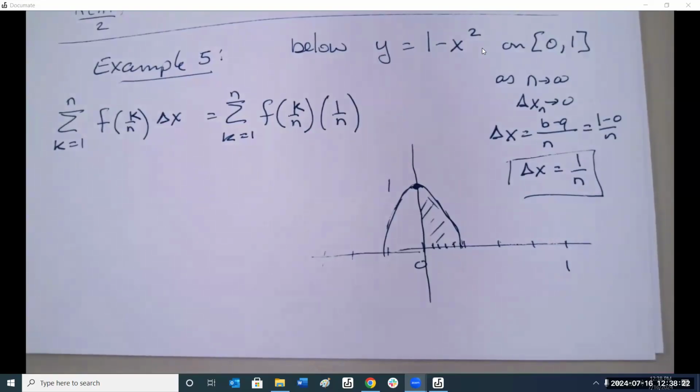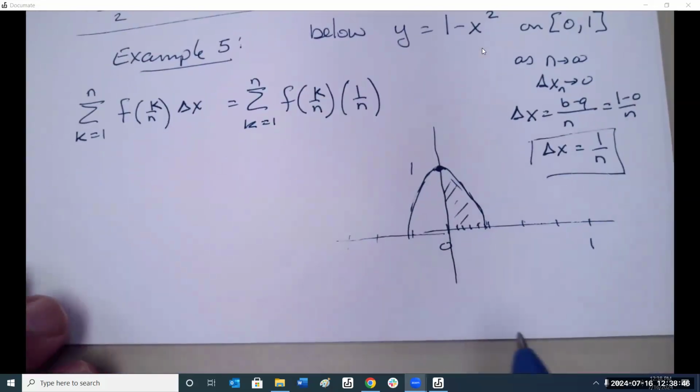Now, like it said, find the limiting values of lower sum approximation. Why do we have to use lower sum approximation? And what is lower sum approximation?